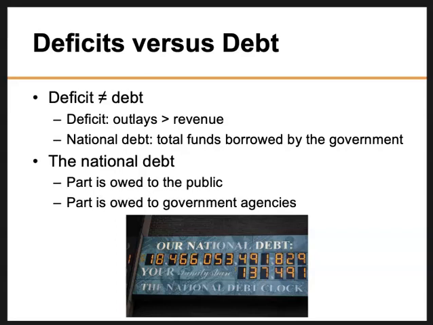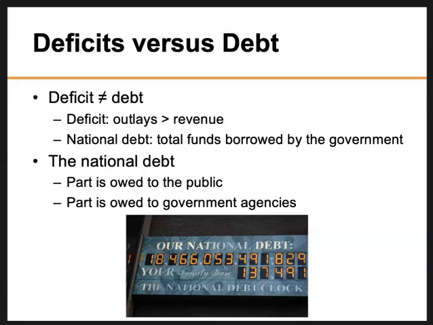So sometimes a federal agency will purchase treasury bonds, right? Which is the way that the federal government borrows money from the public, right? So when this happens, the government essentially owes money to itself, right? So one branch of the government can owe another branch. So it's often useful to focus on the part of the national debt that is owed to the public.